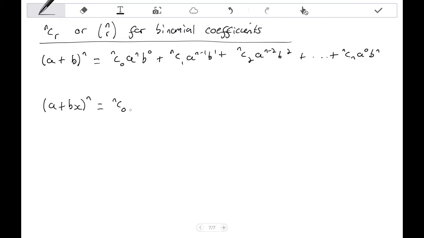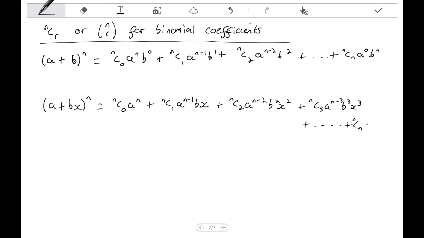It's n choose 0, a to the n, add n choose 1, a to the n minus 1, bx, add n choose 2, a to the n minus 2, b squared x squared, add n choose 3, a to the n minus 3, b cubed x cubed, dot dot dot, n choose n, b to the n, x to the n. Now you don't need to remember both of these.